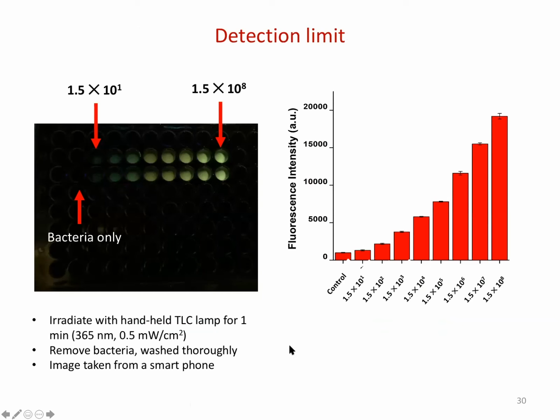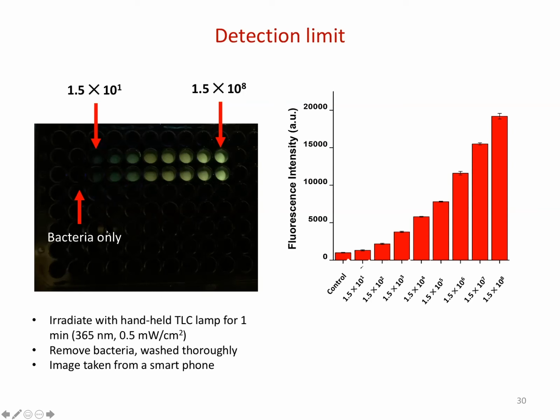So here we are checking the detection limit. We start with 10 to the 8th and then dilute log-wise, 10 to the 7 and all the way to around 15 bacteria. I don't know if you can see, but you can still see some faint fluorescence here, and this last row is bacteria only. So what we did is we mix our compound with the bacteria at different concentrations. And then we use the handheld TLC lamp and irradiate, and then we clean it thoroughly so we don't have residual compound left.